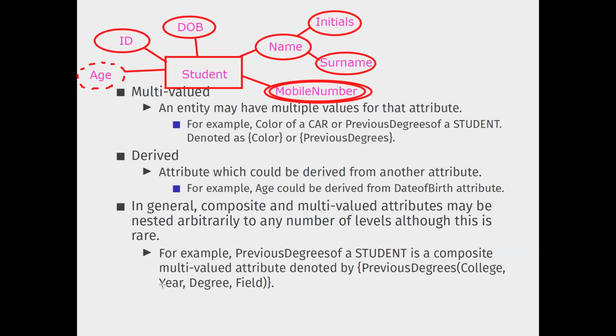There'll be a graduation year, the type of degree, and a field. So since degree consists of several values, we can say that this is composite. But since you can have multiple values for the degrees, it will be a multi-valued attribute. Okay, I think you understood what these different attribute types are. Let's move to the next one.